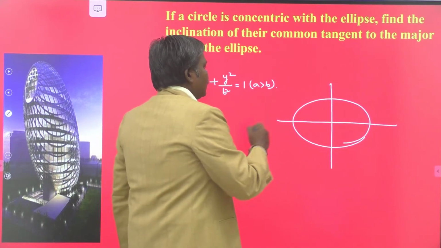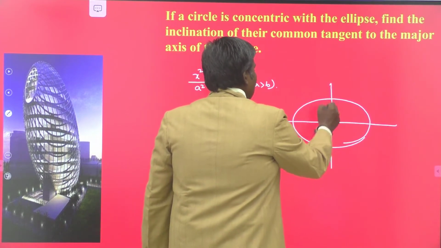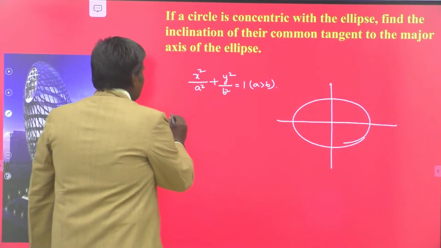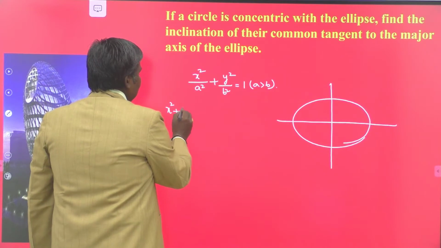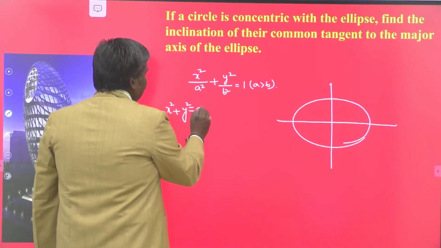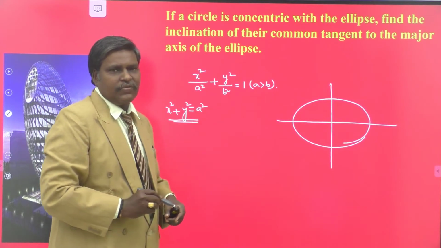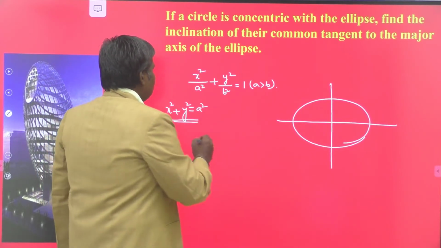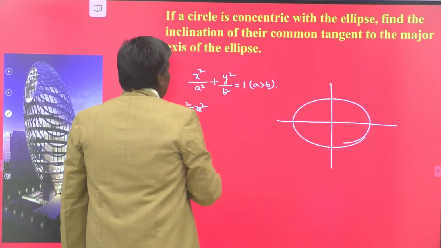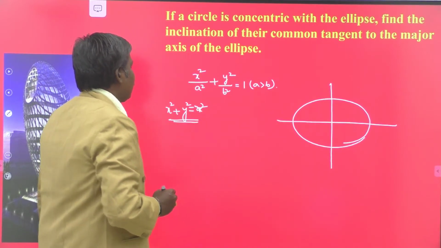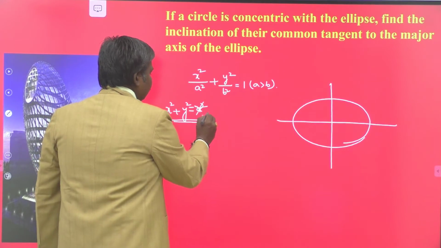Suppose your circle is having radius b units. Suppose your circle is x square plus y square equal to a square, having center at origin that coincides with the center of our ellipse. Suppose this is R say, general circle x square plus y square is equals to R square.